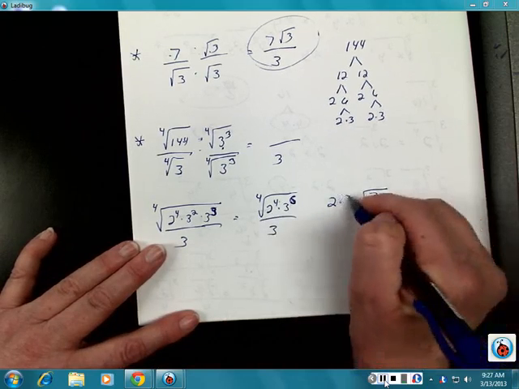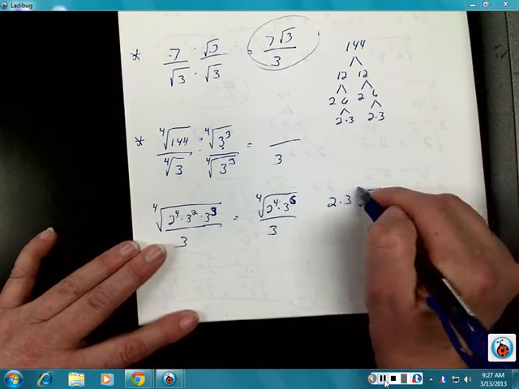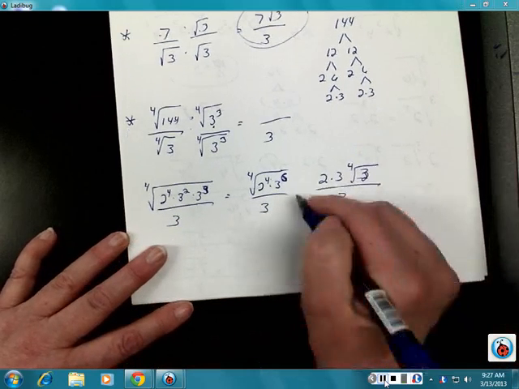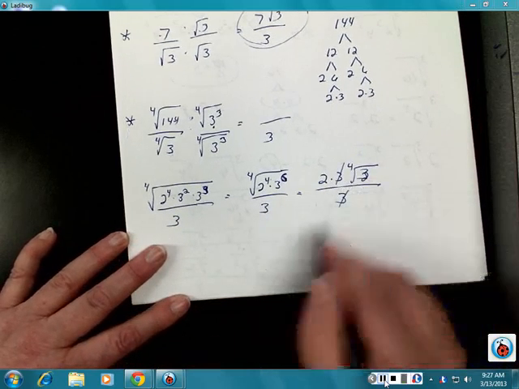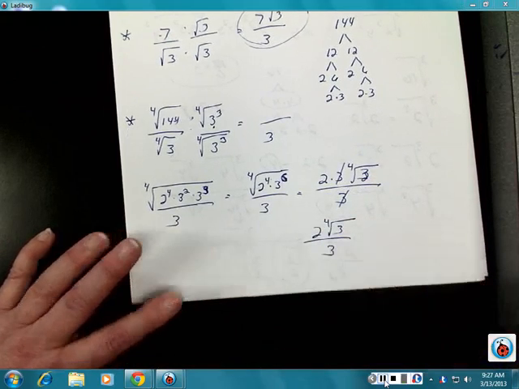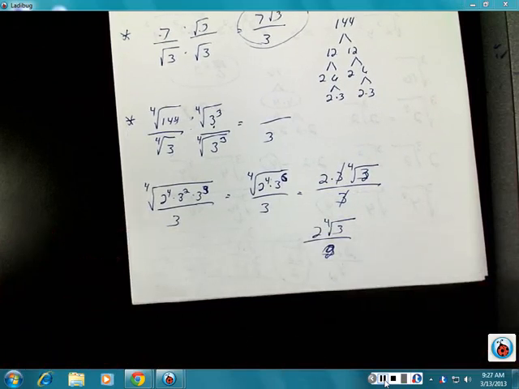And I can pull out a 3, leaving a 3 to the 1st underneath my radical all over 3. These 3's cancel. And that just leaves me with 2, the 4th root of 3.